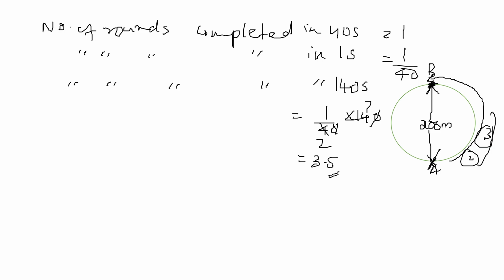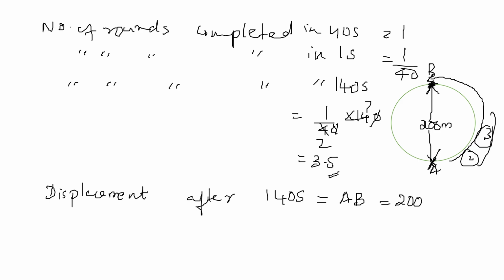So we can write displacement after 140 seconds will be equal to AB, and AB means the diameter of the circular track, which is 200 meters.